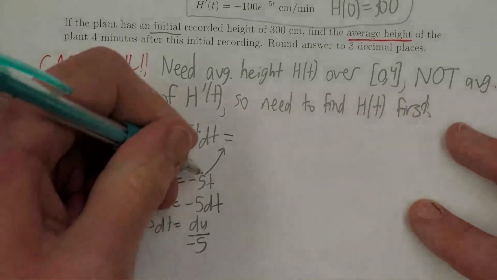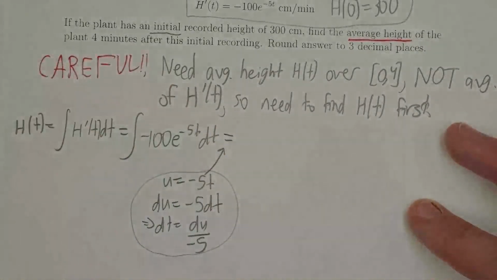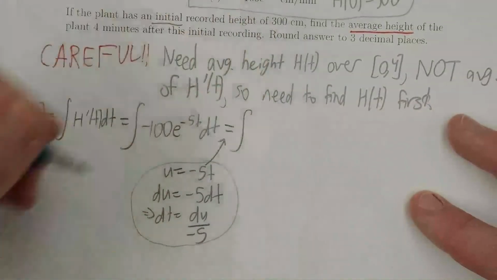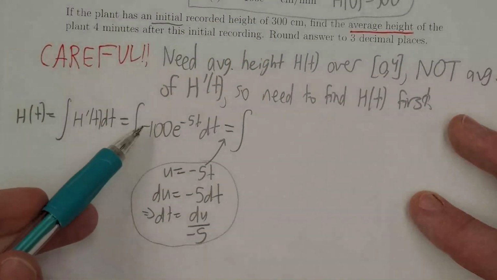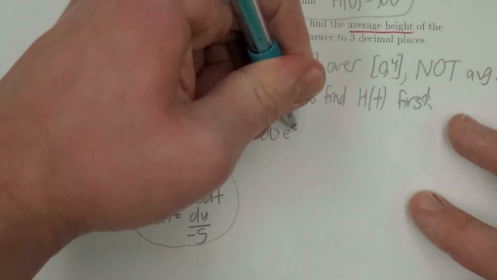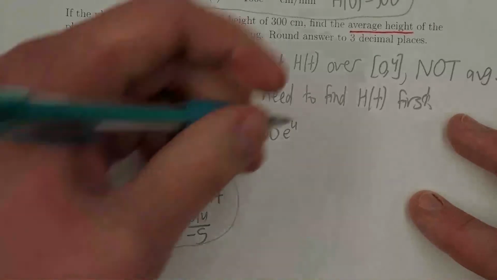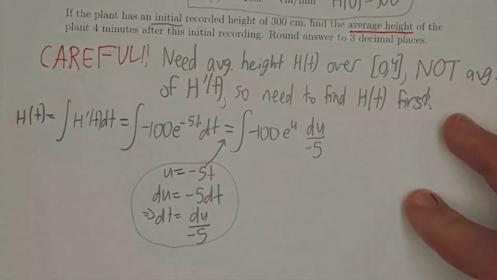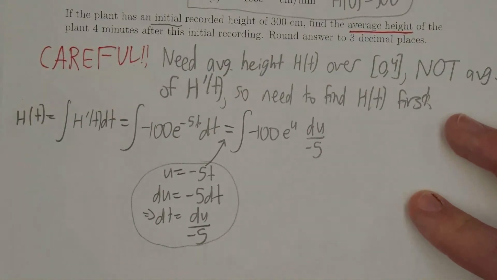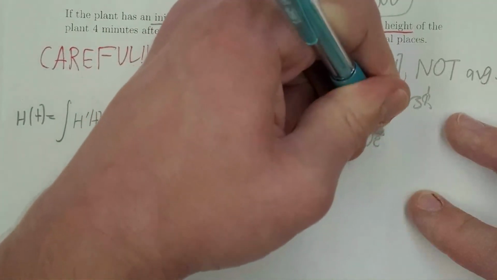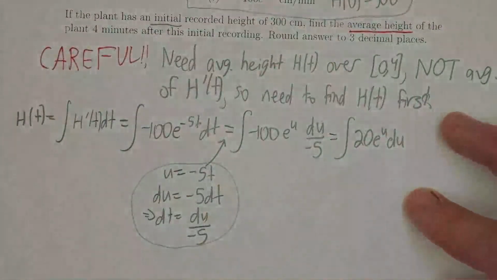Okay? All right. So now, what do we get? So we have the integral of negative 100 times e to the u times du over negative 5. Okay? So from this, this simplifies pretty nicely to just 20 times e to the u du.